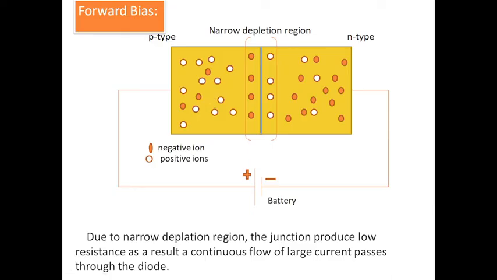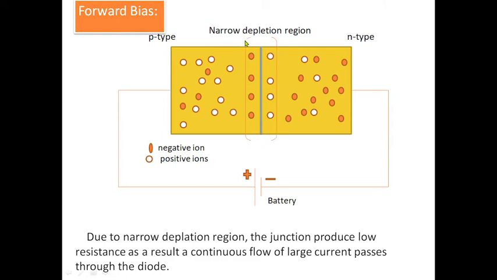Now forward bias, I am discussing in detail. This is the P-type region where positive holes are majority carriers. This is the N-type region where electrons are the majority carriers. These are electrons. Now at the junction, due to diffusion, some electrons come into the P-type region and some holes come to the N-type region, and these two barriers make a barrier.